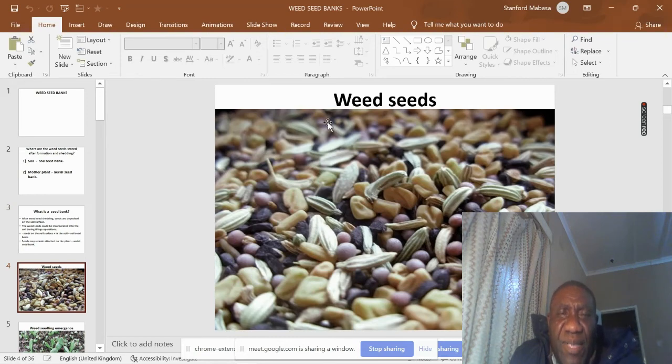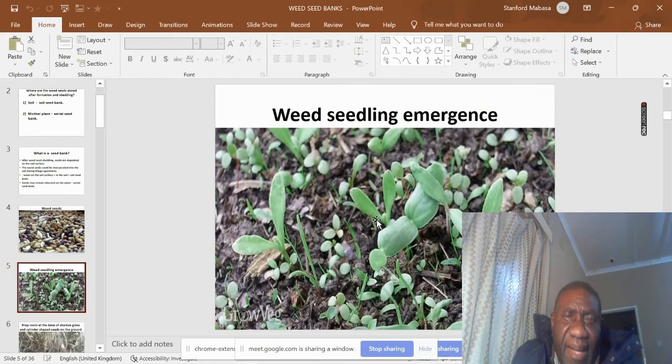So here we've got weed seeds which are on the soil surface, and we've got weed seedling emergence. This is withdrawal of the weed seeds from the soil.